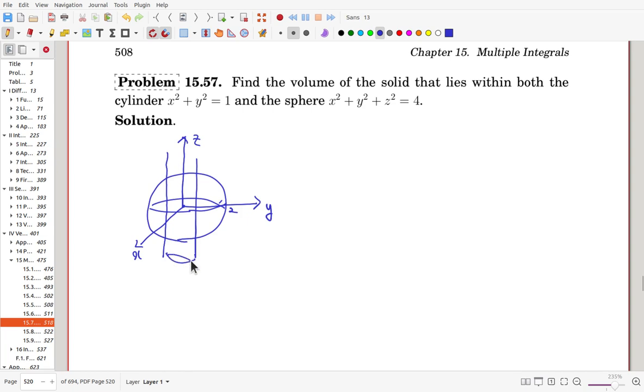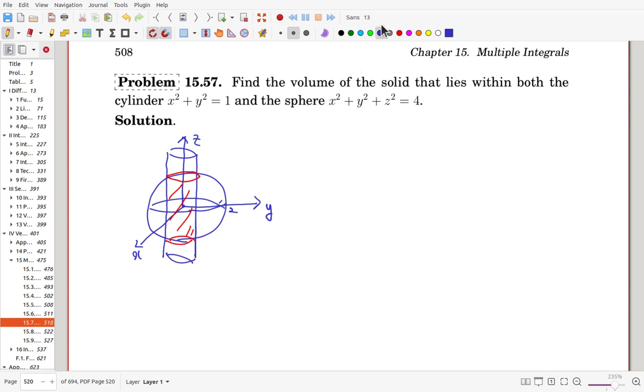So eventually, the solid is the part inside this cylinder, with a top portion and a bottom portion. So we have to get the volume between these two red markers. That is the solid.